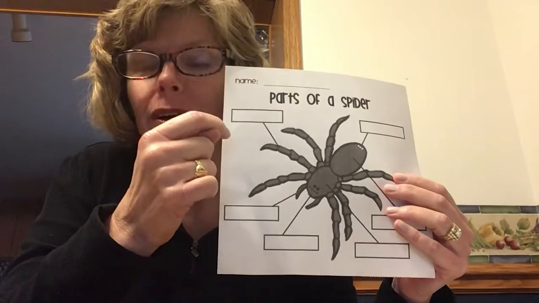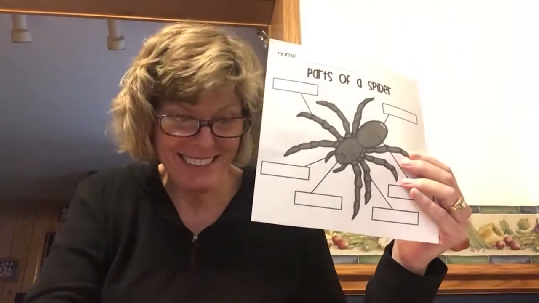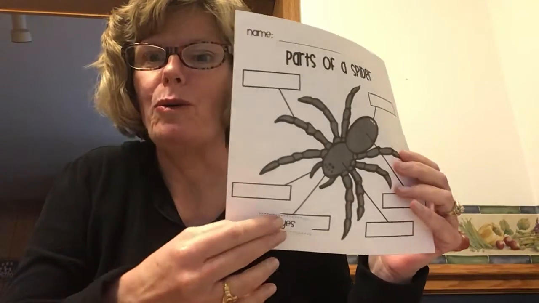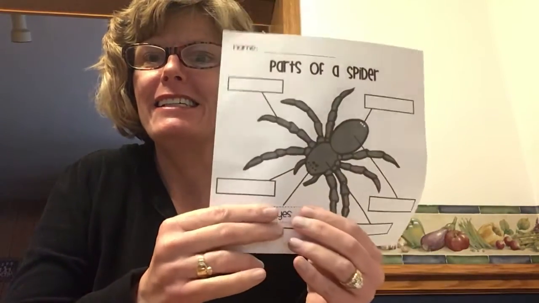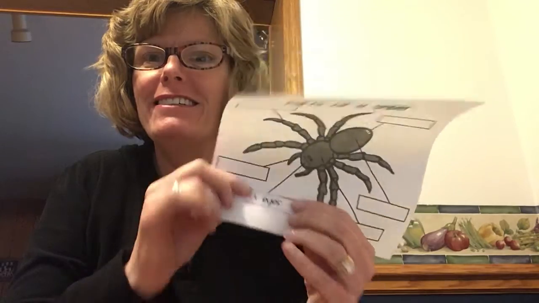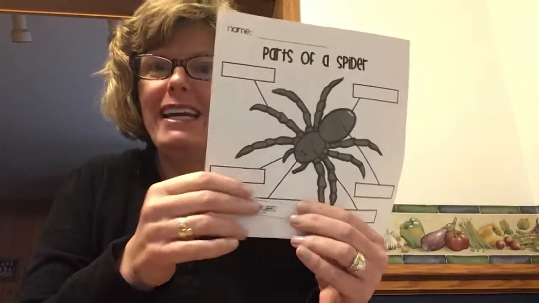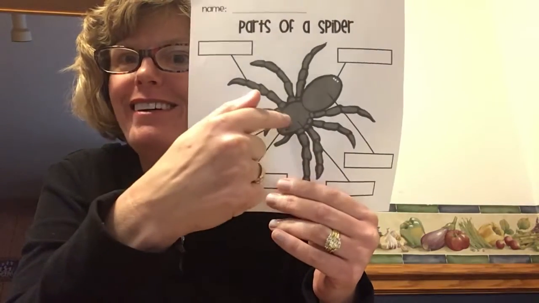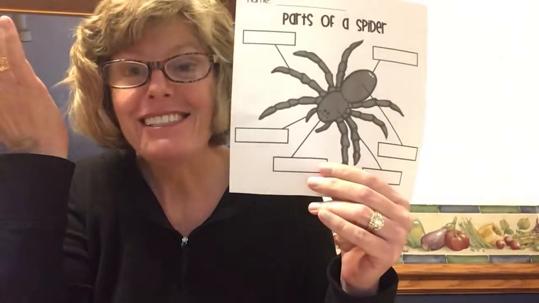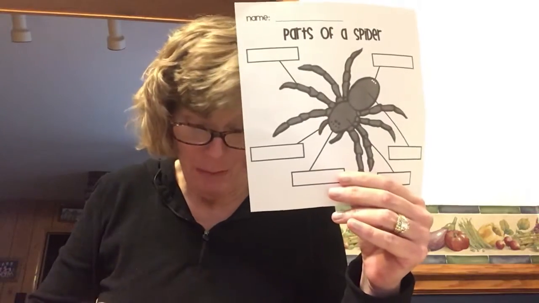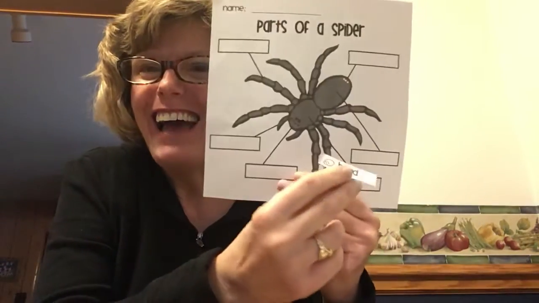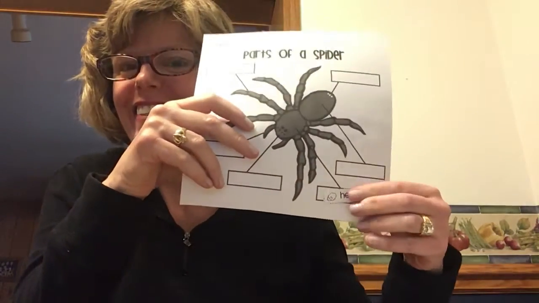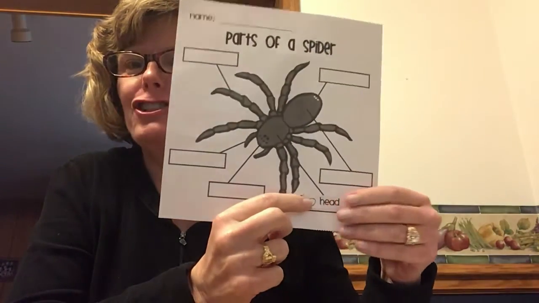We only have 2. Did you say eyes? You're right. And I'm going to glue the word eyes right here. Okay. How about this spot right here? Well, the eyes are on the spider's head. There it is. Head. And that started with the letter H.